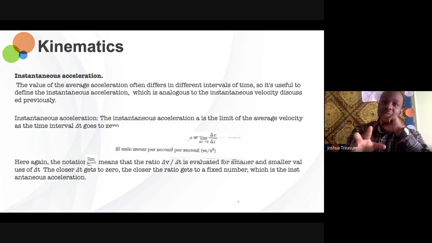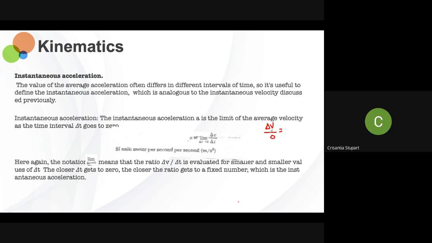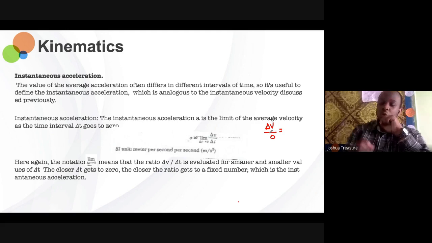It's not completely zero. If it was completely zero, what would be the acceleration? Say we had delta v over zero. What would this be? What's the answer for the acceleration? Zero. Exactly. So delta t cannot be zero. It has to go towards zero.